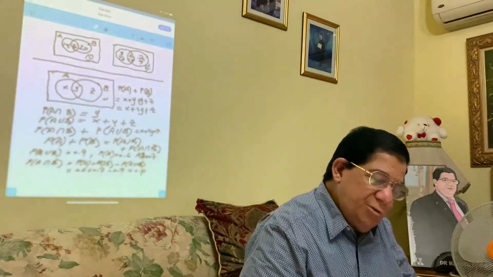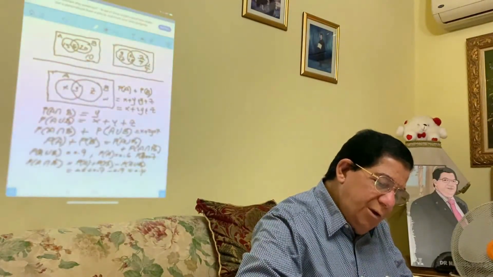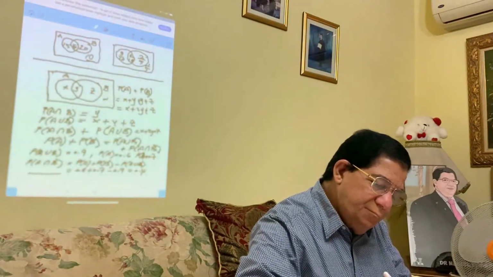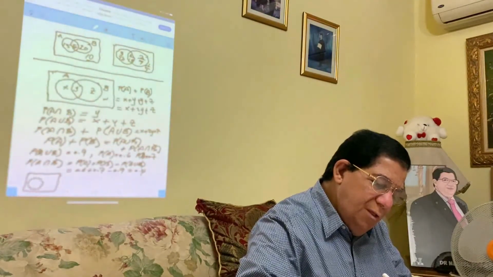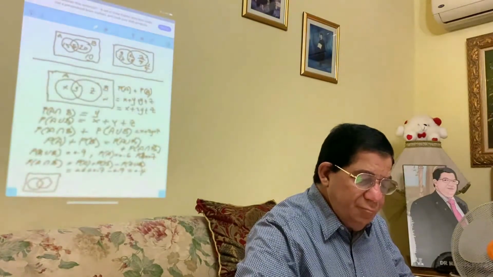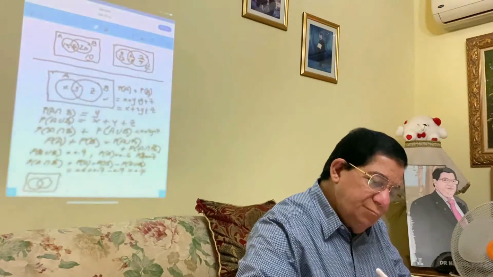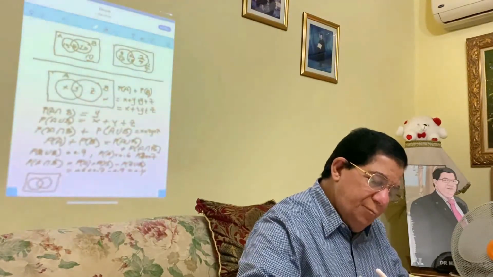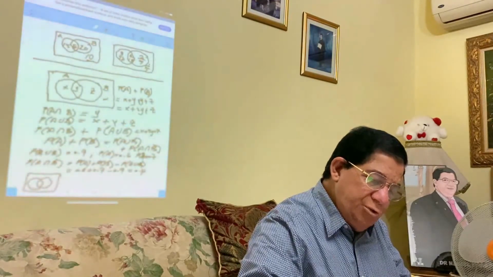Once we got this, then we drew the Venn diagram. In the Venn diagram, we have the probabilities. This area is 0.4. Maybe you better do it on the next page.